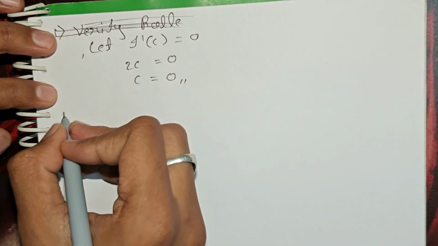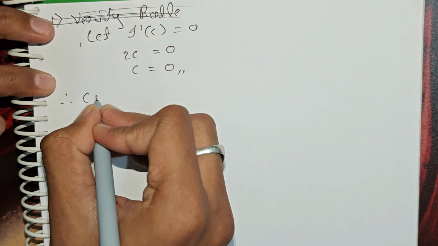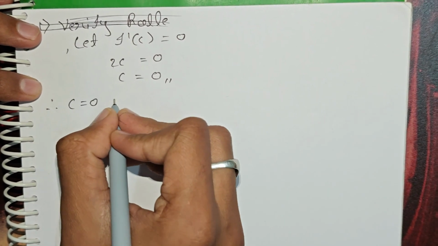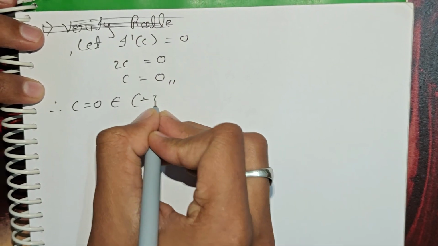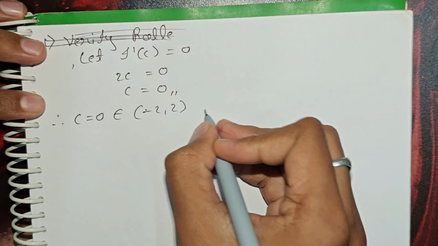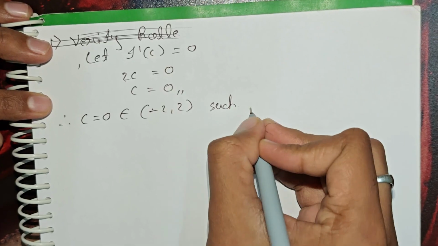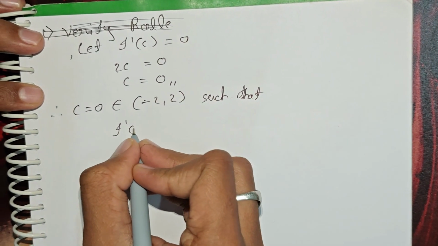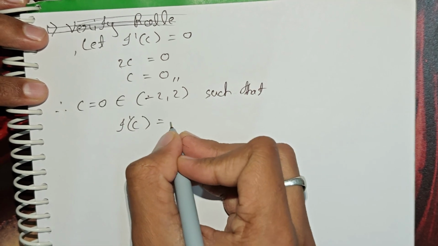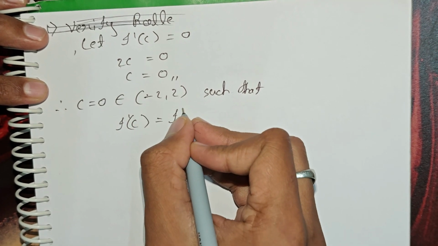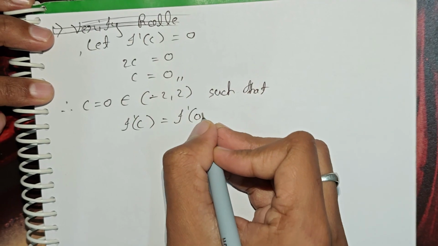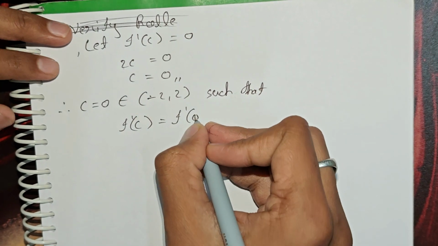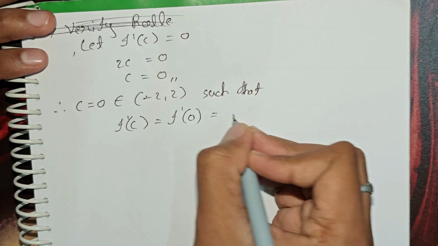So in the end we get the value c is equal to 0, which belongs to (minus 2, 2), such that f dash of c is equal to f dash of 0.